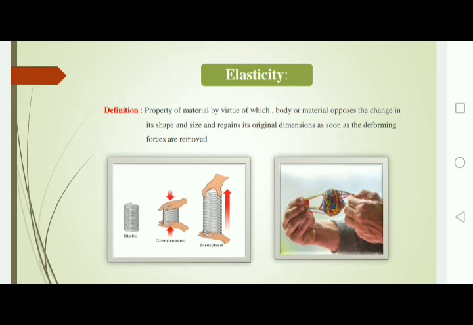Each molecule is bonded to its neighboring molecule with some force of attraction. Whenever the deforming force acts on them, they get displaced from their position and the distance between them changes. So the restoring forces start acting on the molecules and bring them back to their original position, and the body in this way gets its original shape. So this is the microscopic reason behind elasticity.